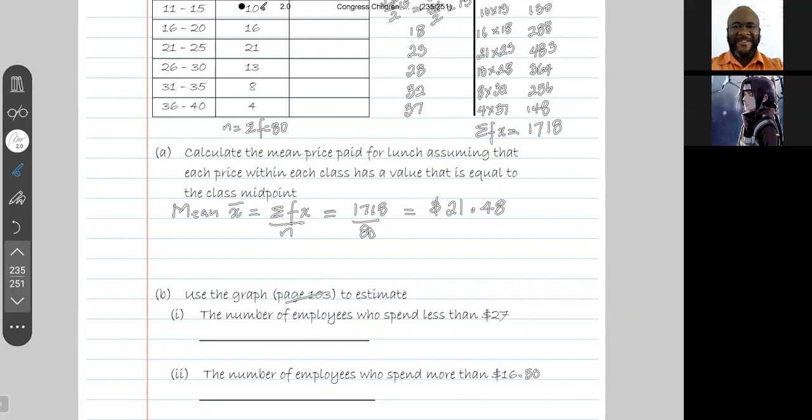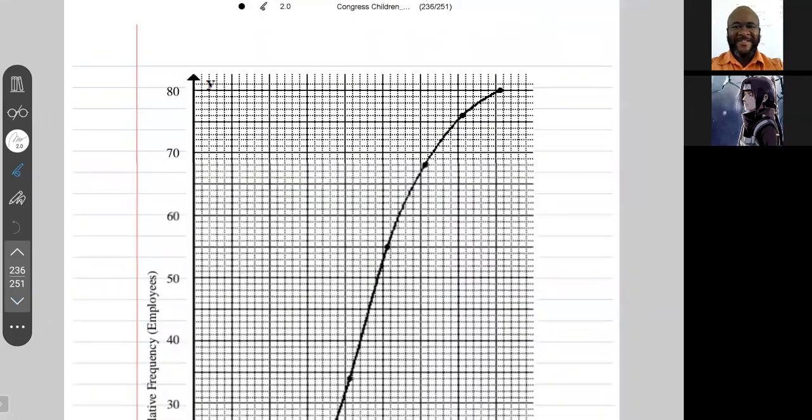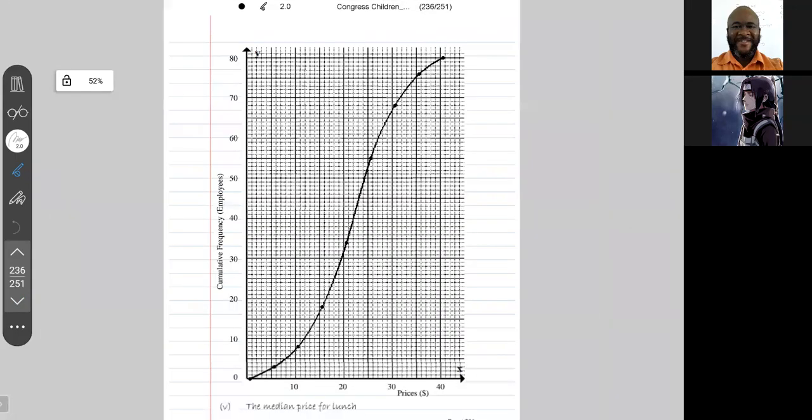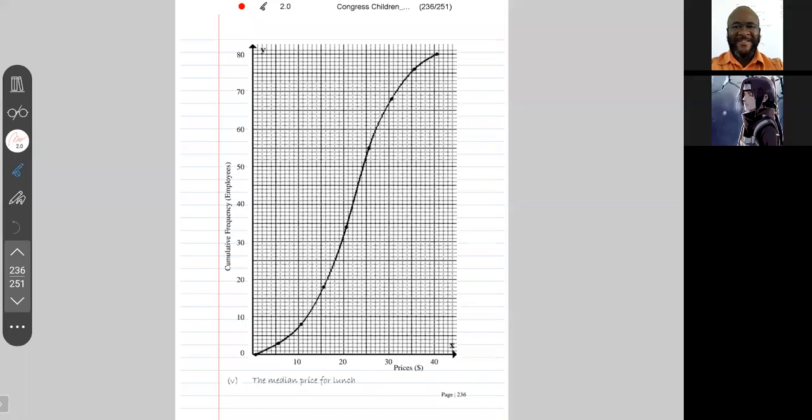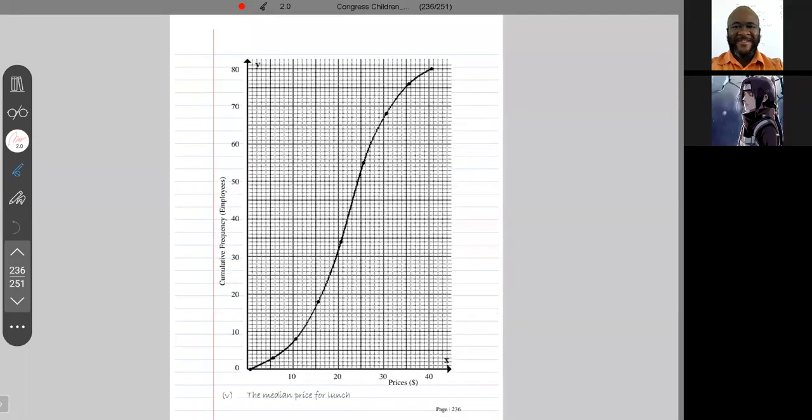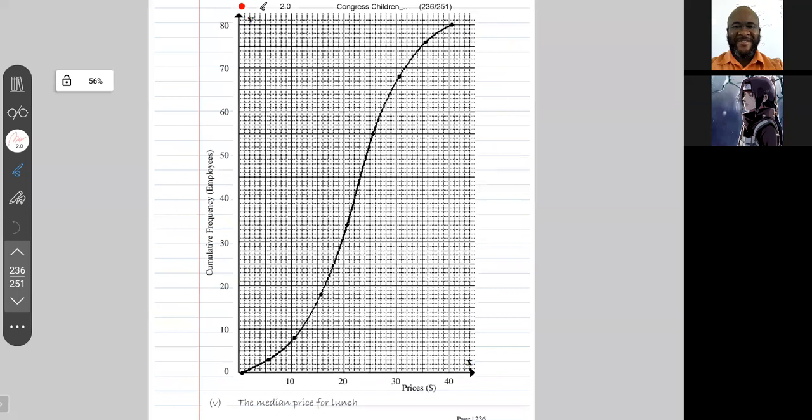So to find out the number of employees who spend less than $27, we're going to start by first finding out who spent $27. All right, so let's find $27 on the horizontal axis. This is 20, 21, 22, 23, 24, 25, 26, 27. You're going to go all the way up.